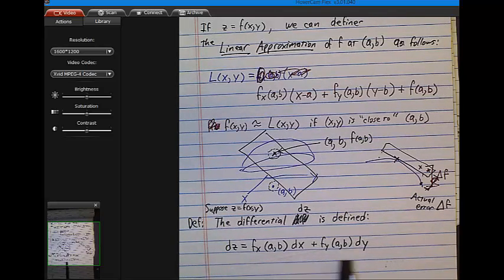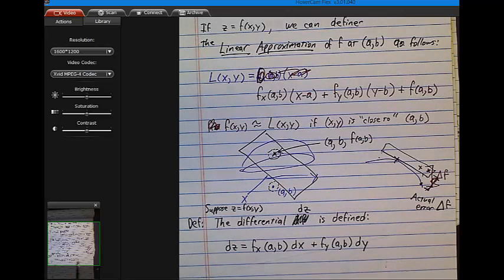And these are very small quantities. These are what we had as our Calc 1 differentials. So if you're reading there in Chapter 4, we defined those back in Calc 1.